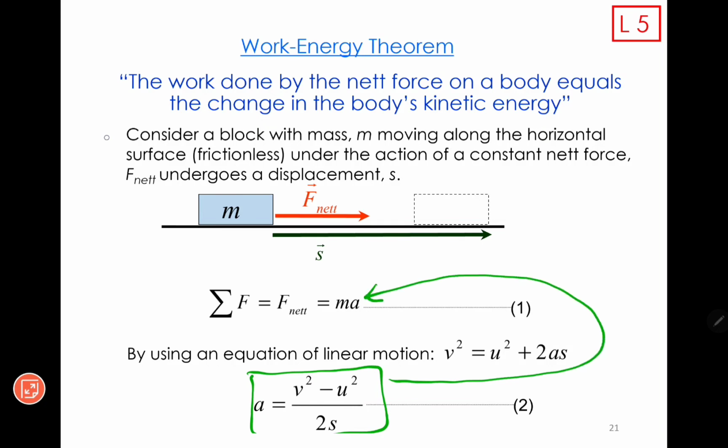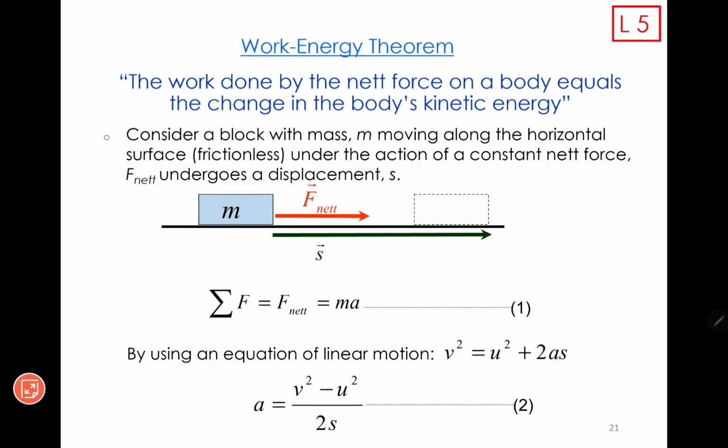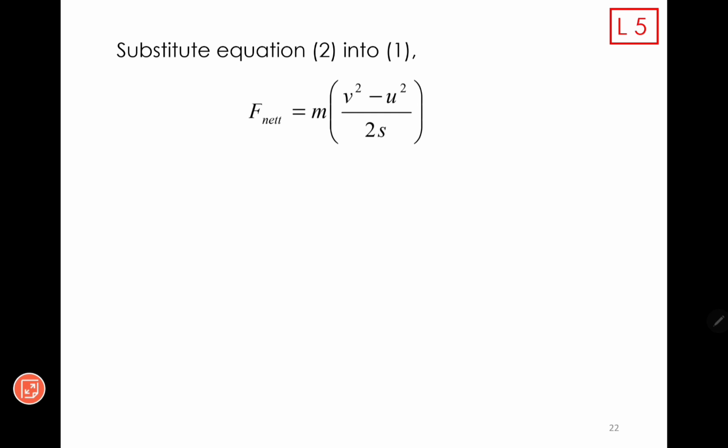So what do we get by combining these two equations? F net equals ma before, and a equals v squared minus u squared over 2s. Then the equation becomes like this.